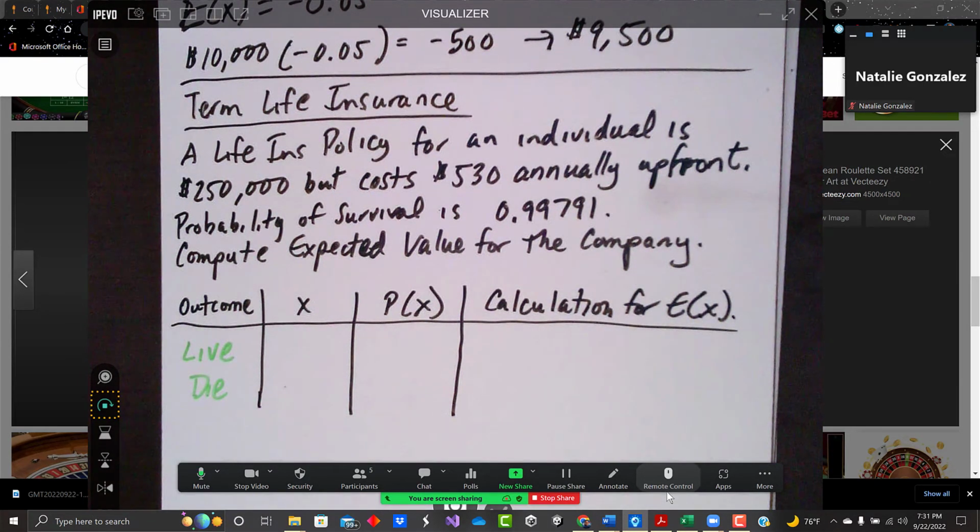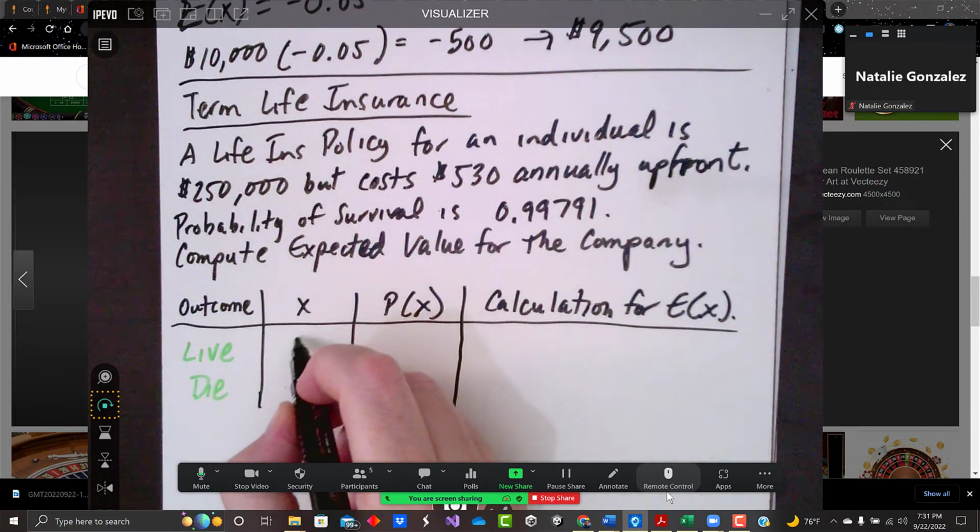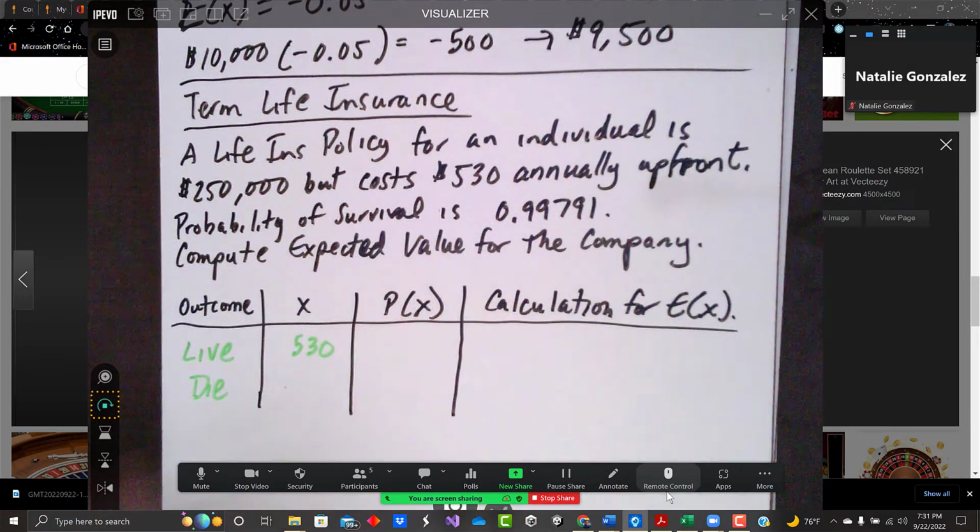So if they live, the company doesn't have to pay out any money. They just make a profit. They just make $530. If they die, they have to pay out $250,000.